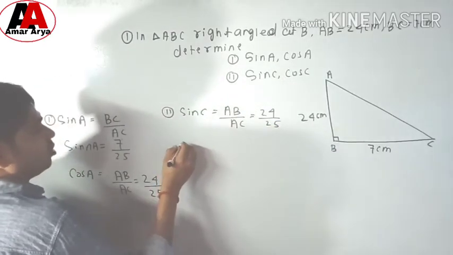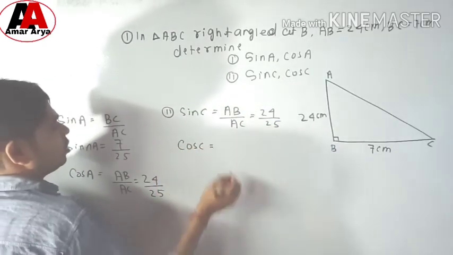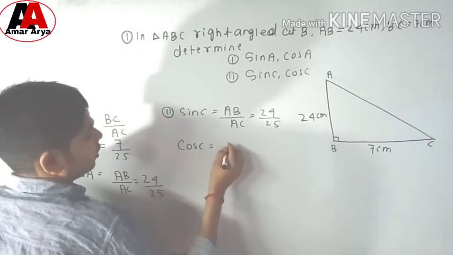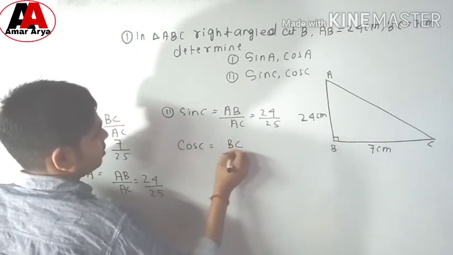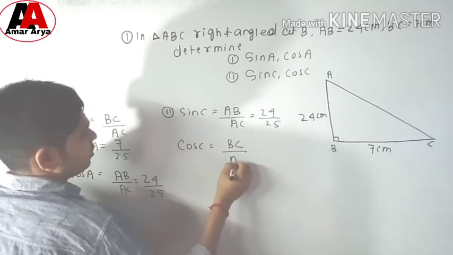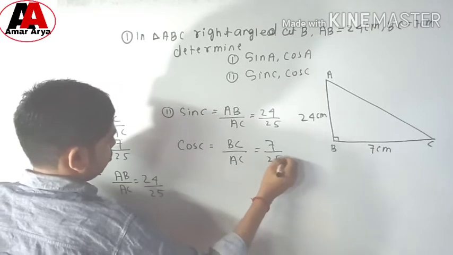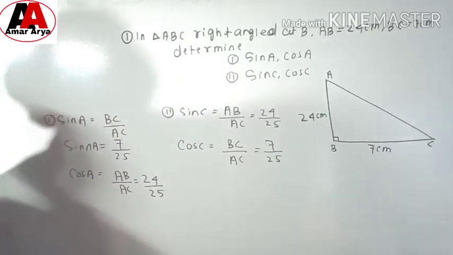And after that, cos C: the adjacent side is BC, and the AC. So BC is 7 by 25. So this is the answer.